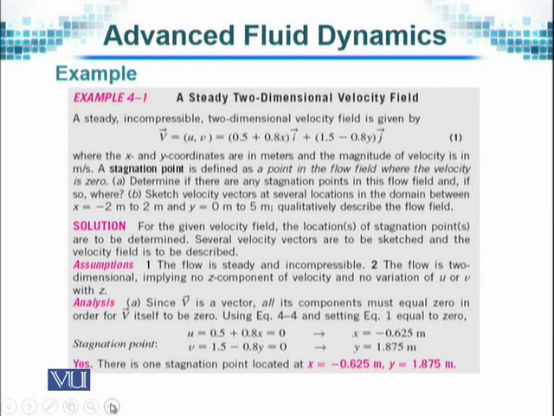A steady incompressible two-dimensional velocity field is given by the velocity as 0.5 plus 0.8x in the x direction plus 1.5 minus 0.8y in the y direction, where x and y coordinates are in meters, and the magnitude of the velocity is in meters per second.